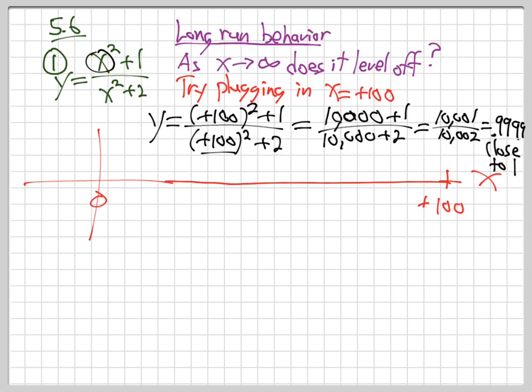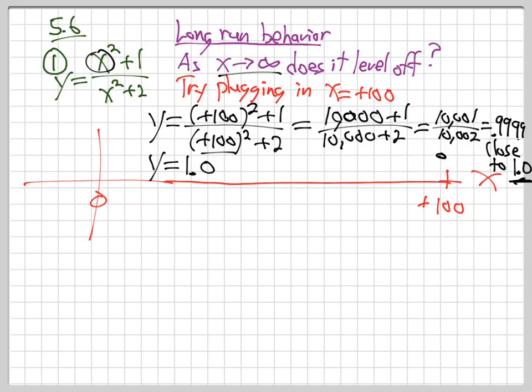Close to 1.0, right? 0.9999 is basically 1.0. So as we go to positive infinity, way over to the right at 100, the graph is basically at 1.0. So it looks like as we go way off to the right, the graph is leveling off at 1.0. Y equals 1.